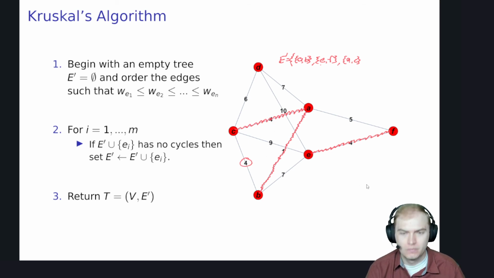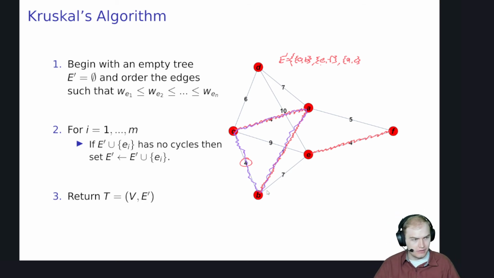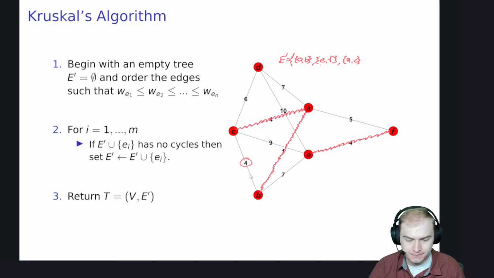Now, our smallest weight edge is B to C, but if we were to add B to C, we would create a cycle in our graph. So we can't do that. Cross that one out. Can't use that edge.